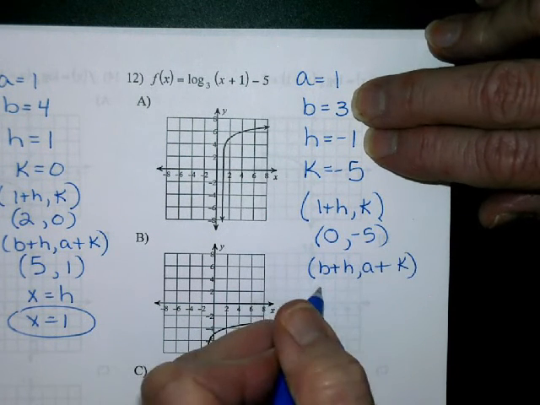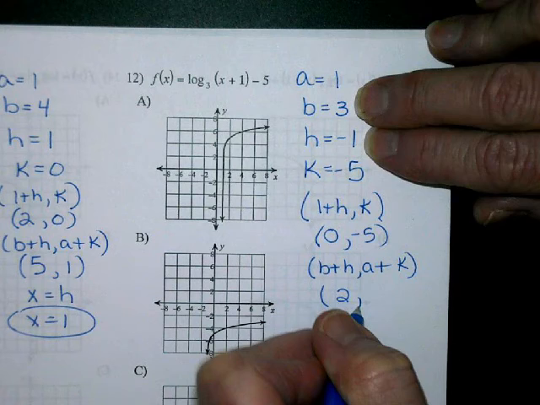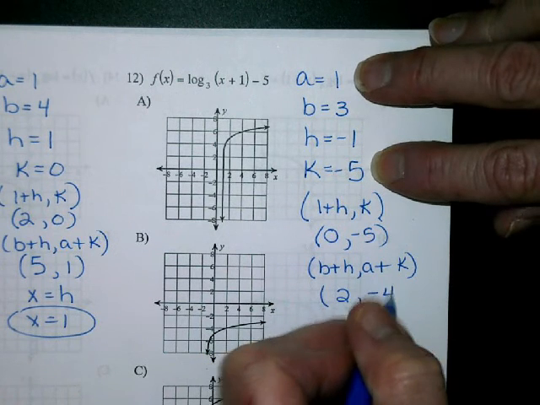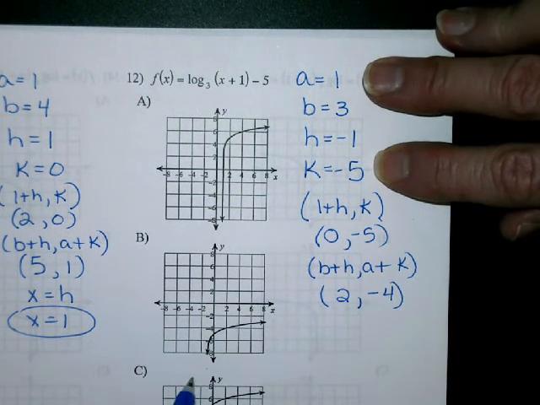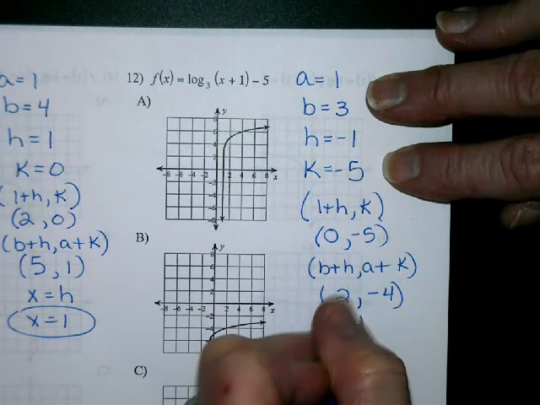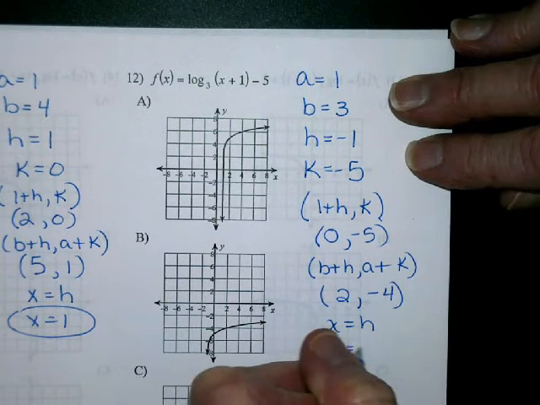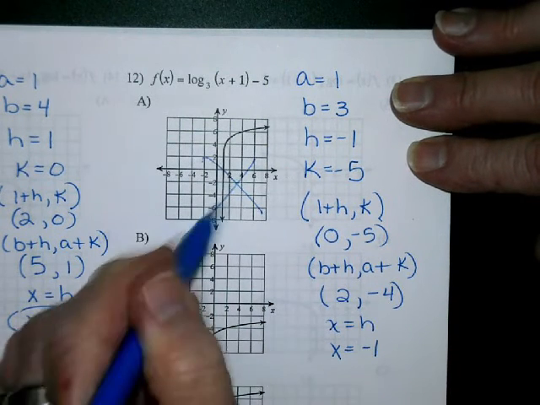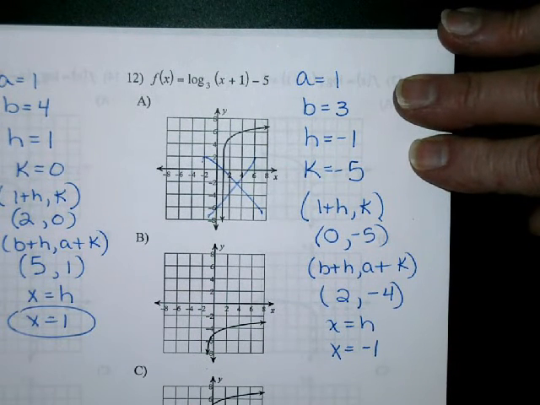B plus H and A plus K is the second reference point. Watch your arithmetic. And then x equals H will give me x equals -1.